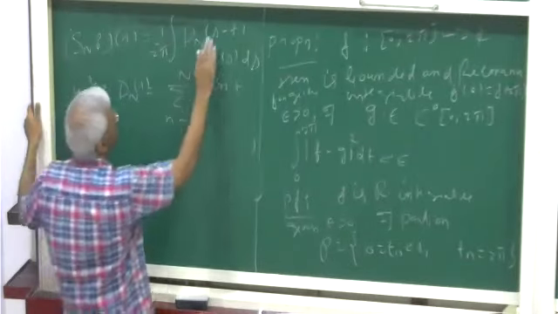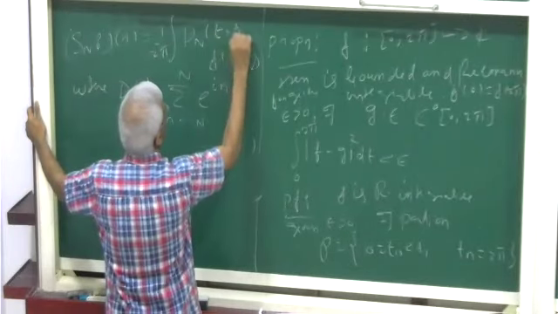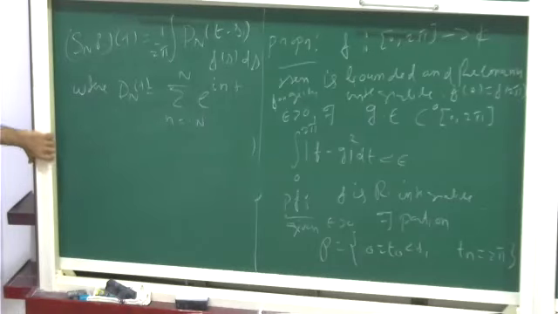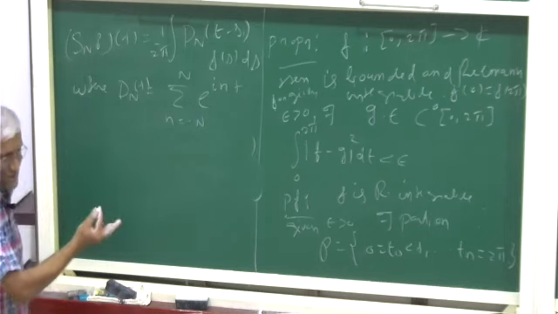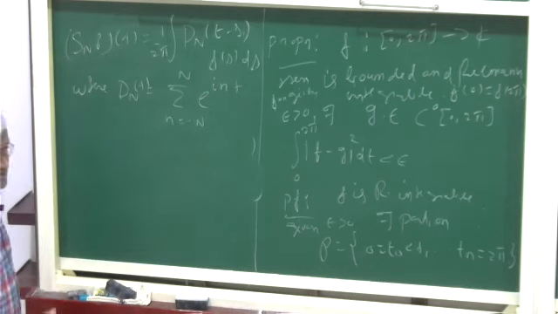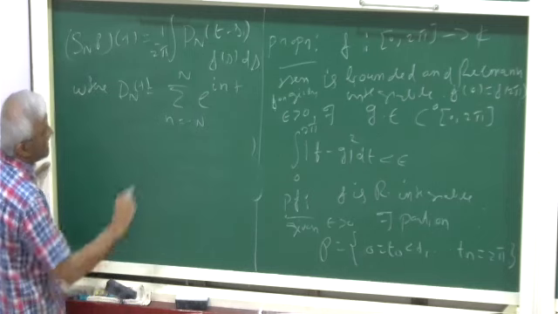Everywhere it is t minus s. I'm sorry for this confusion. So D_n(t) is this.